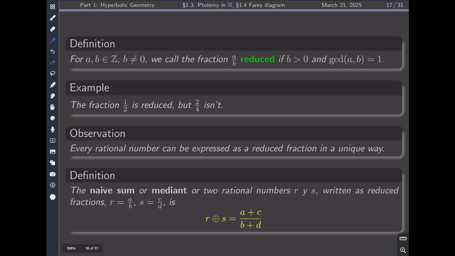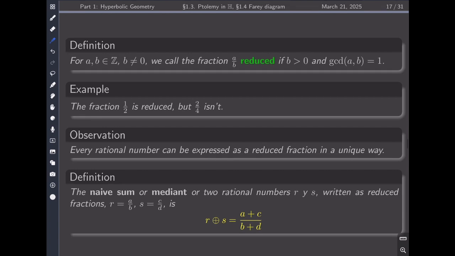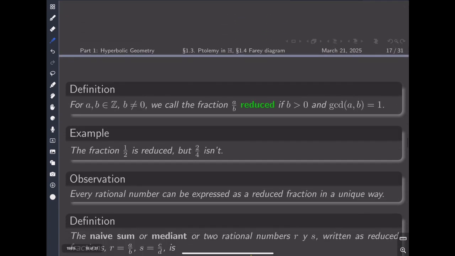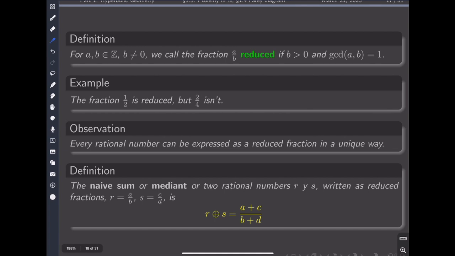So what we are going to do is define an addition this way, but to make it well defined, we do it over the reduced expressions of fractions. So a fraction, a rational number written as a fraction, we say that the fraction is reduced if two things happen.